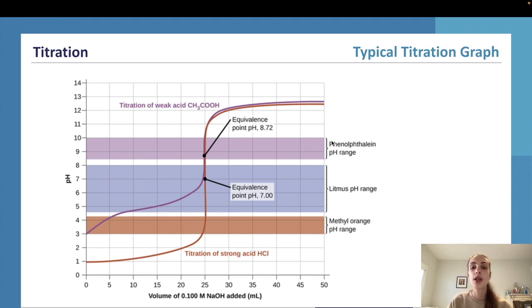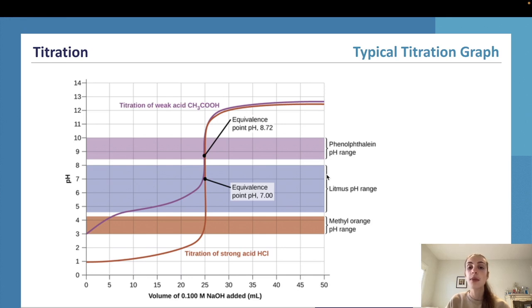And so we also can notice that along the side here we have some ranges. And so we've got a methyl orange pH range, a litmus pH range, and a phenolphthalein pH range. And so phenolphthalein is typically used for a weak acid, strong base type titration, and that's because it favors higher pHs, so pHs greater than 7, so in that range of 8.5 to 10.